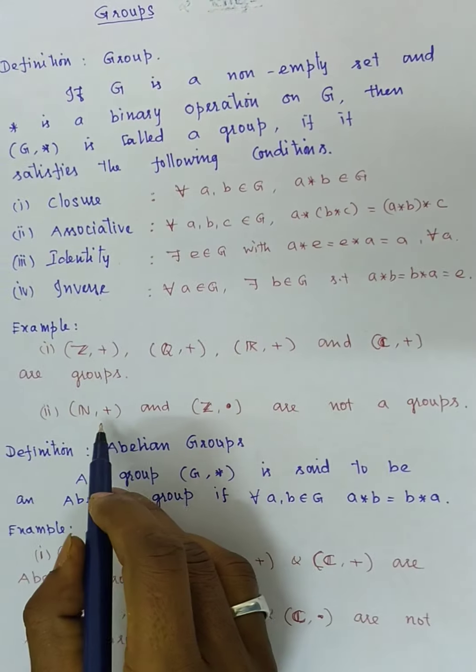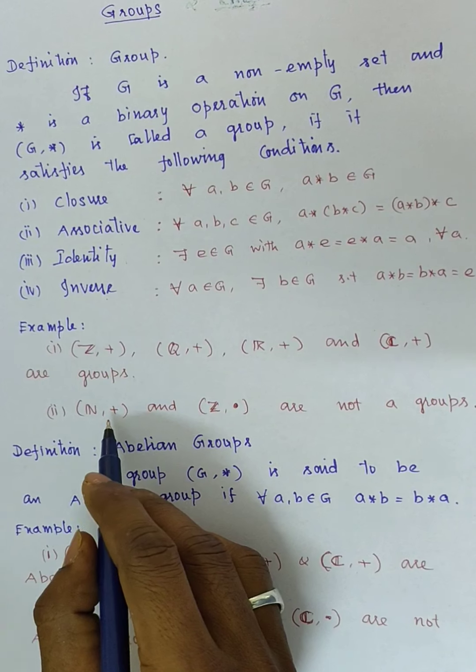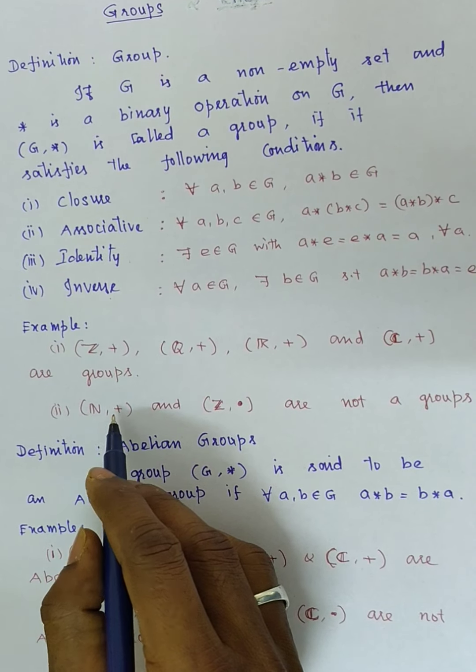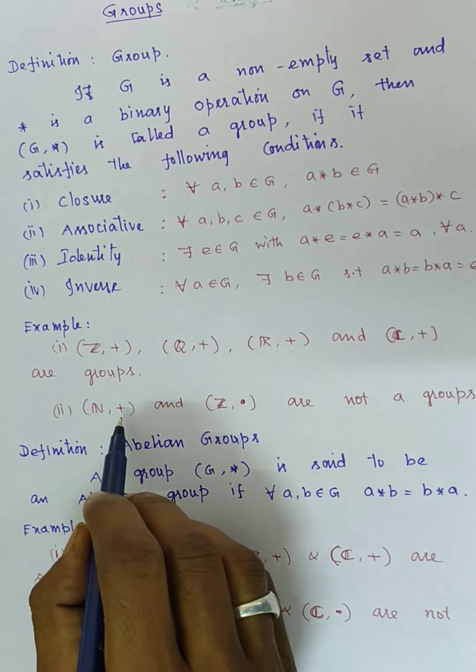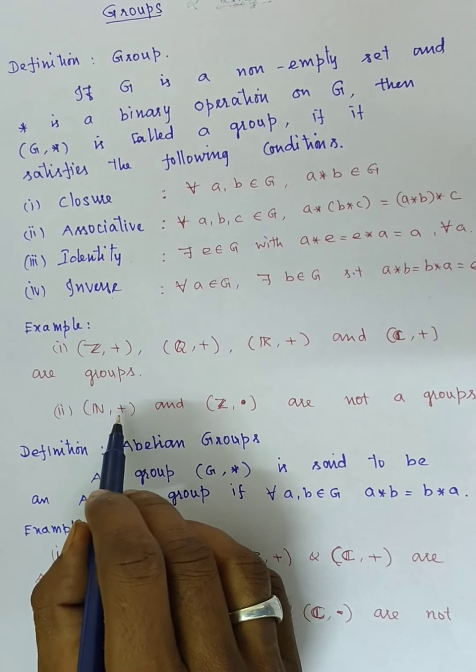Please note this. In the set of all natural numbers, the identity 0 does not exist. There is no identity element, that's why it's not a group.